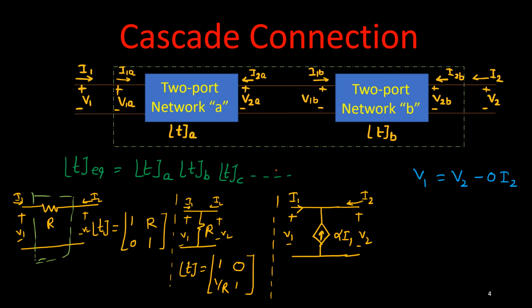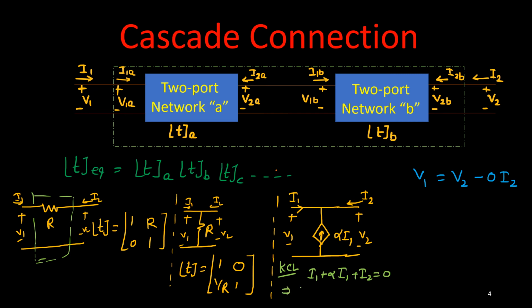Now for the second equation I have to express I1 in terms of V2 and I2. What is the current here? This current is I1 and this current is alpha times I1. If I apply KCL, I get I1 plus alpha times I1 plus I2 equals 0.